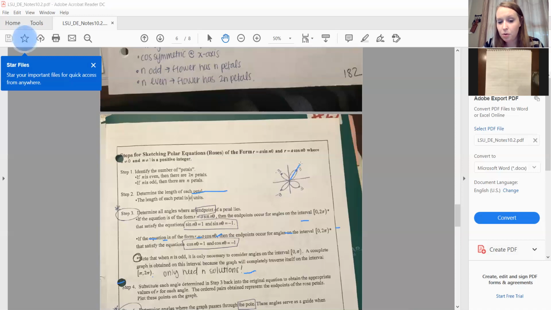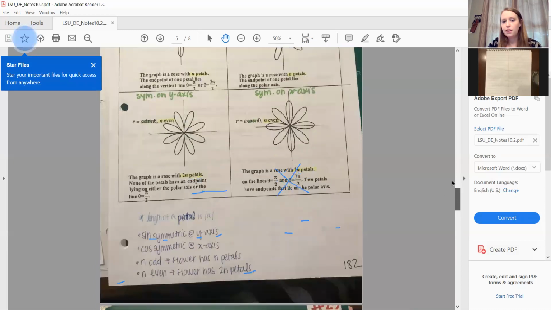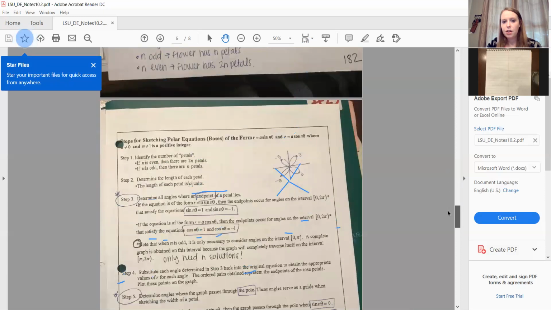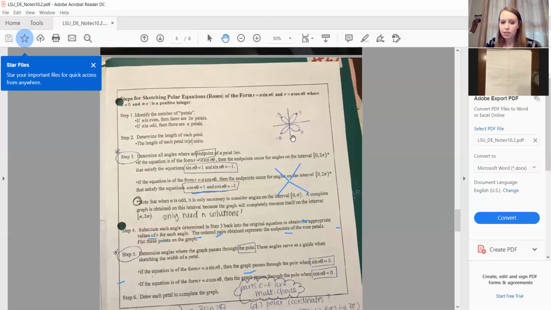So this is pi over 4, right? 3 pi over 4, 5 pi over 4, and 7 pi over 4. So those are my 4 angles, basically coming from part C. So I hope that kind of makes sense. You just want to make sure your graph has the correct number of petals, and then it's centered at the correct pole.